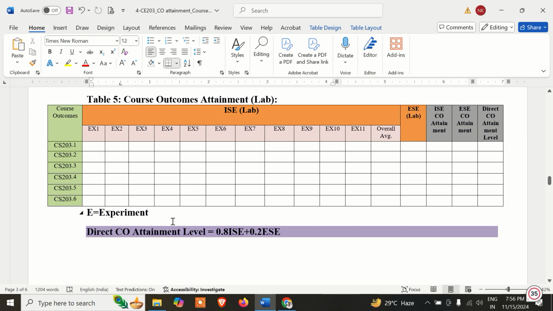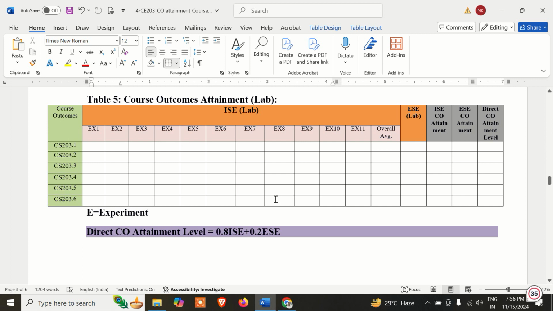Similarly, for a lab course, when you calculate the direct CO attainment, you have multiple experiments. So you calculate the average value, calculate the attainment and multiply it by 0.8, means 80% weightage to the in-semester.